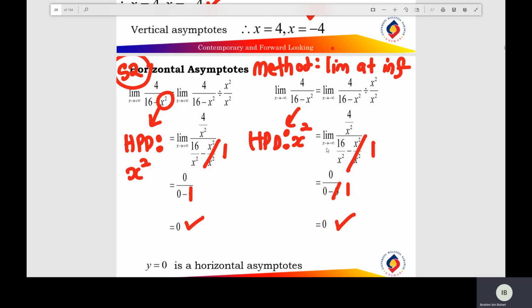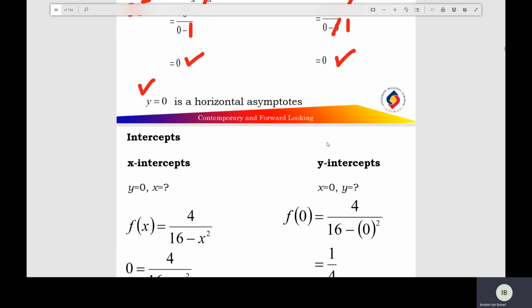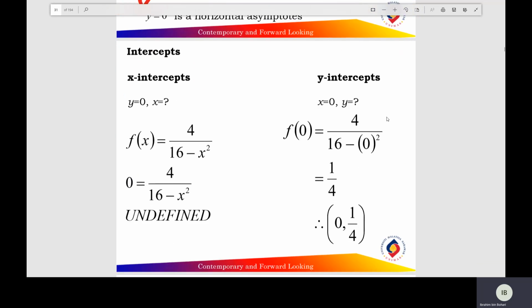The numerator is 0 and the denominator is 0 minus 1, and here equals 0. Okay. y equals 0 is a horizontal asymptote of the rational function. Okay. Step 2, find the horizontal asymptote. And step 3, you find the intercepts of the function.